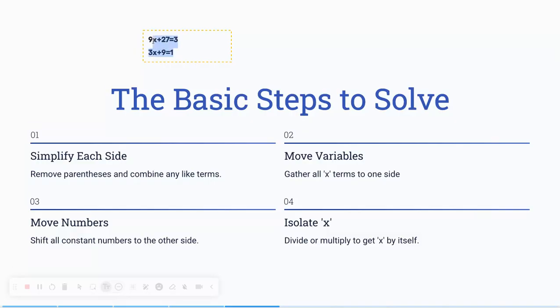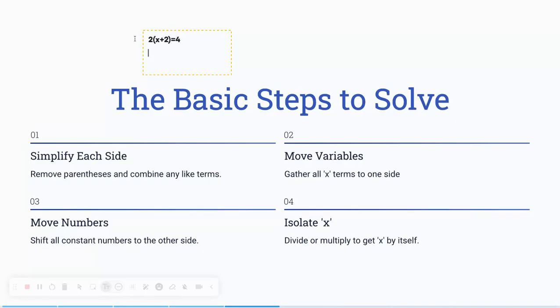Also, simplifying can mean removing parentheses or combining any like terms. So for example, if we have 9x plus 27 minus 1, then we would do 9x plus 26, etc. Also, sometimes equations are given in parentheses, so you may have 2 times (x plus 2) equals 4, for example.